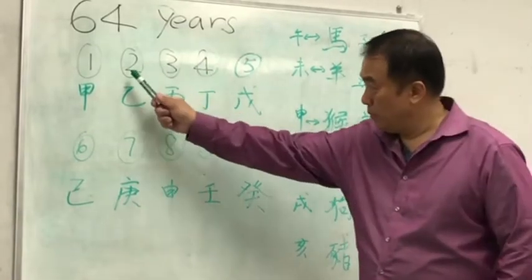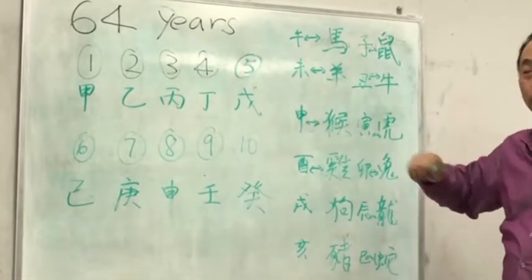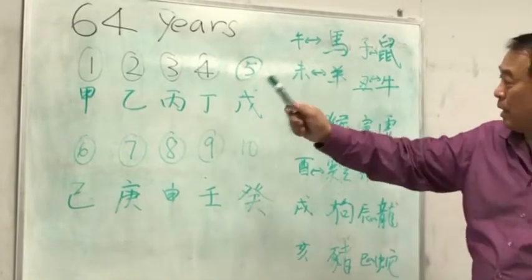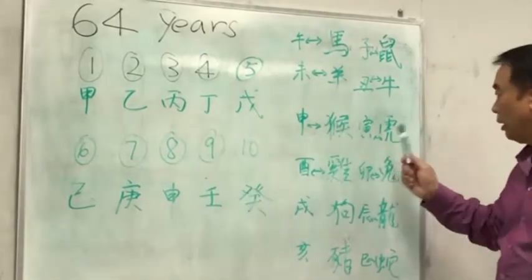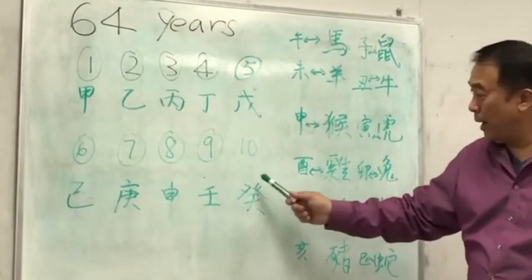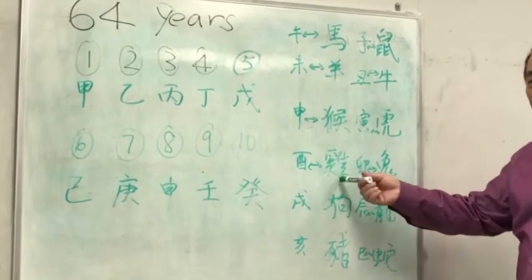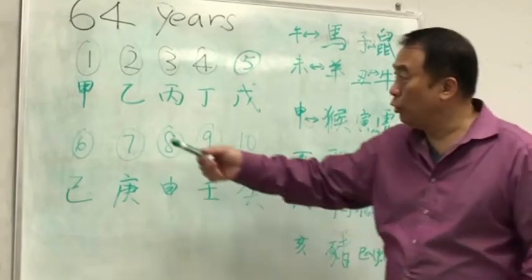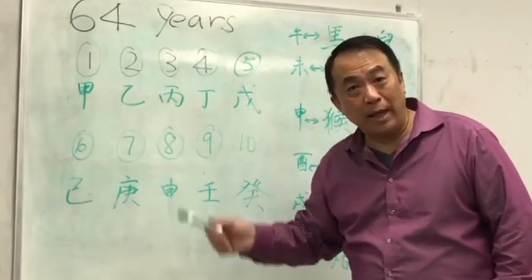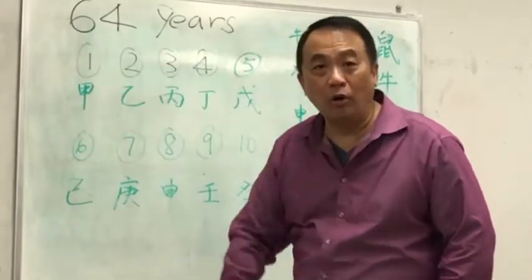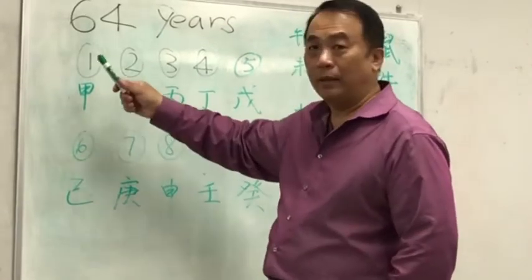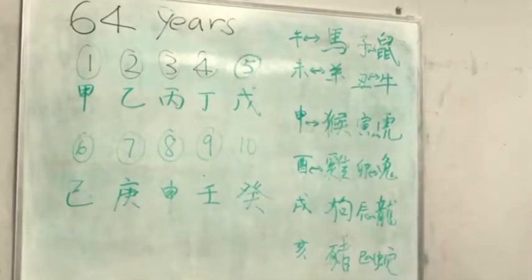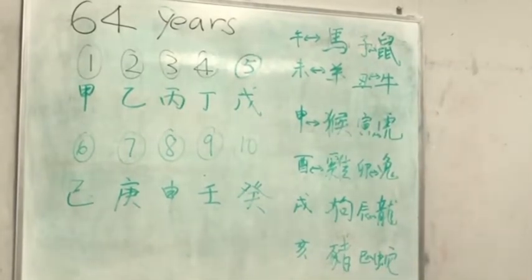And the second year, Yi Chou means 2 ox. First mice, second ox, third tiger. When they come to the end, you can only match with the rooster. Then the dog will go to 1. So it's not ended yet until they have 64 years all around. Then you will begin again. 1 mice, 2 ox. You got that, Bruce?